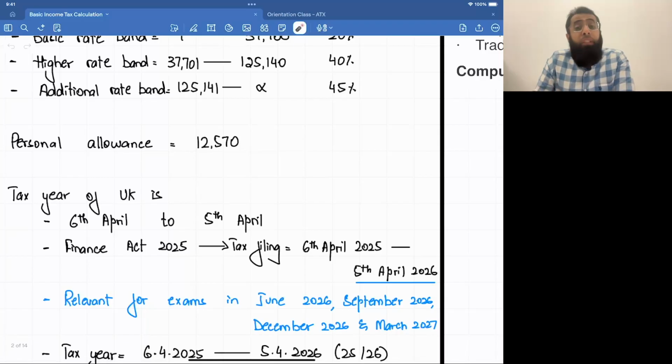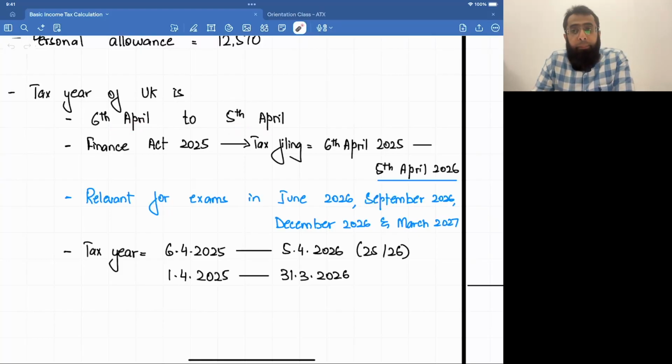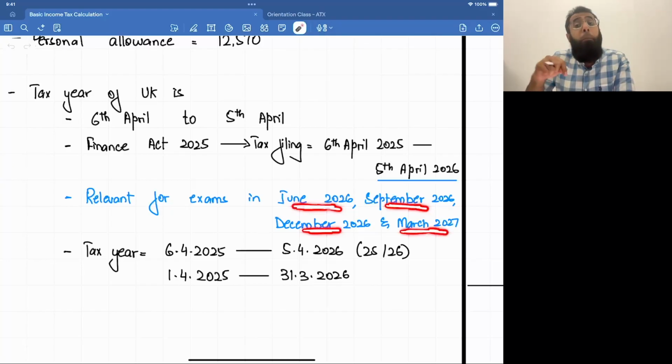Personal allowance is 12,570. And the tax year of the UK, which we just discussed, is from 6th April to 5th April. This course which I am teaching you is Finance Act 25. It starts on 6th April 25 and ends on 5th April 26, which we call the tax year of 25-26. 6th April 2025 to 5th April 2026, tax year 2025-26. It is relevant for exams in June, September and December 26 and March 27.